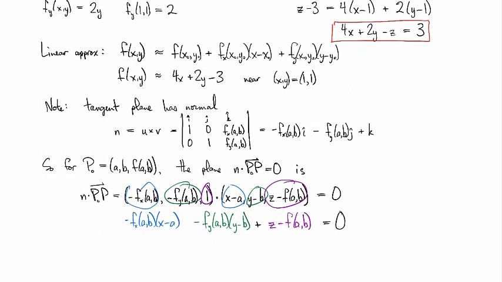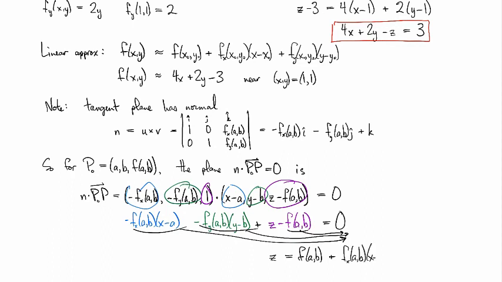And now notice that if I take each of these guys and add them over to the other side, then we end up with the formula that we had before. So it checks out both ways.